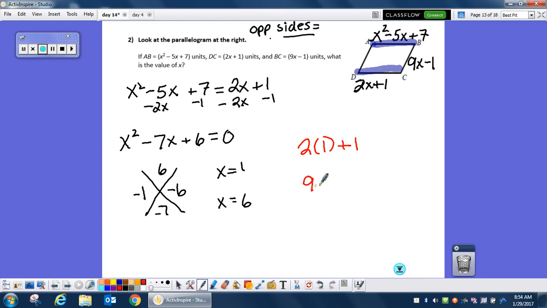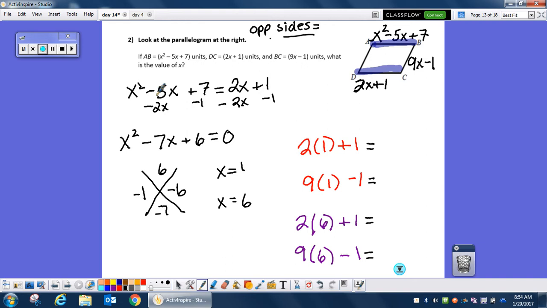And then I would also check 9 times 1 minus 1. And I would also check using the 6 now, so 2 times 6 plus 1, and 9 times 6 minus 1. So you need to check to see if all of these give you a positive answer, then both of your x's will be the same.